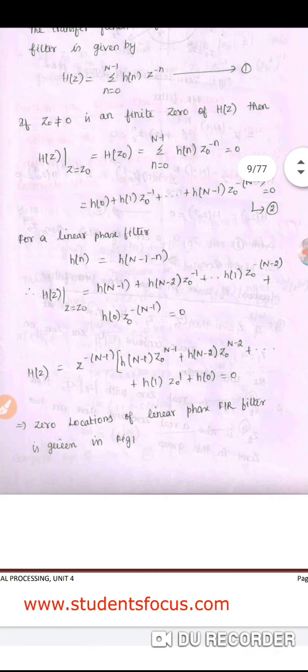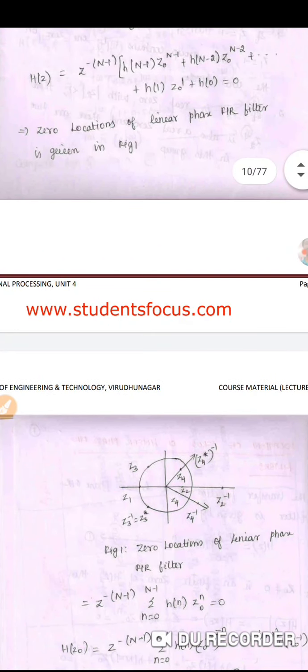If you take z naught power minus of N minus 1 as common, you will get h of N minus 1 into z naught power N minus 1 plus h of N minus 2 into z naught power N minus 2, and so on, plus h of 1 into z naught power 1 plus h of 0 equal to 0. If you observe this equation, it can be written as summation n equal to 0 to N minus 1 of h of n into z naught power n.